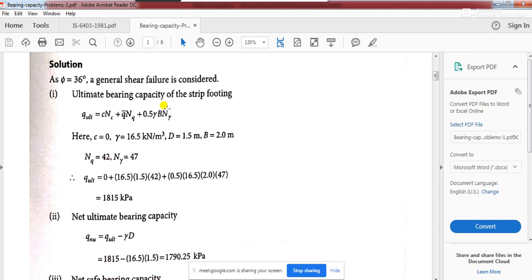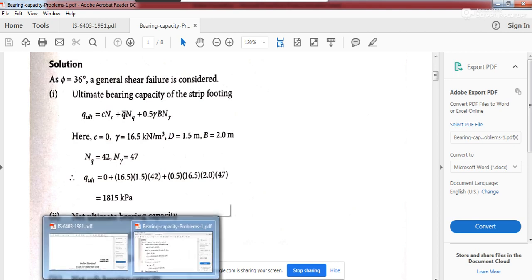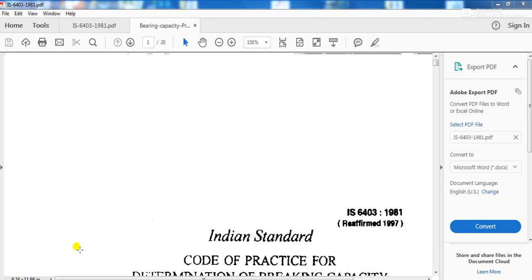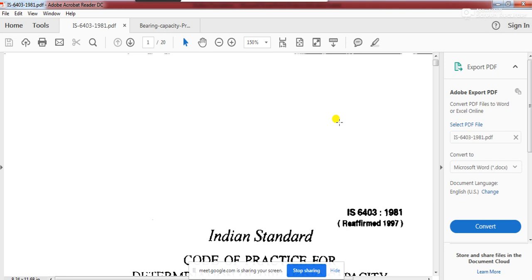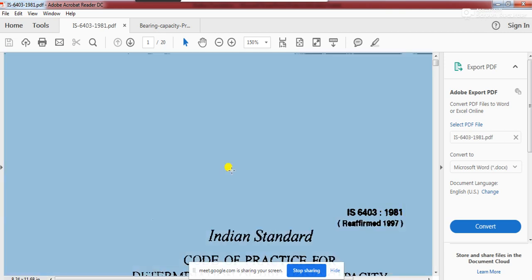And I asked you to solve it using the Indian Standard Code. Please remember it is not Terzaghi. So you will have to follow the IS 6403 recommendation and solve the problem accordingly.